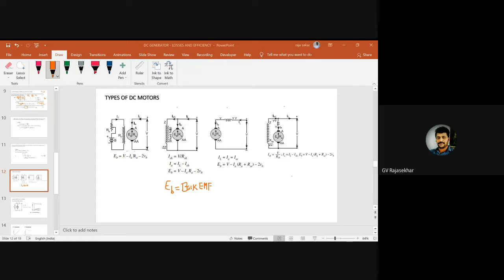So the difference that we are going to witness between DC generator and DC motor is the direction of Ia. In the equations also, if you reverse the direction of Ia, then that is sufficient.